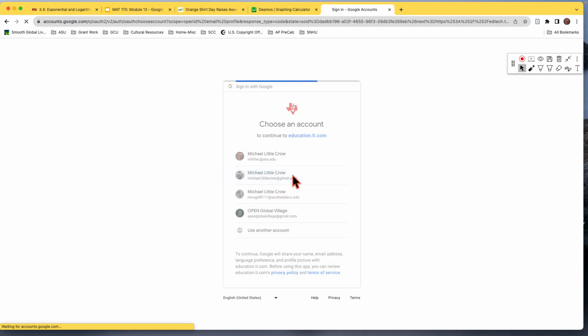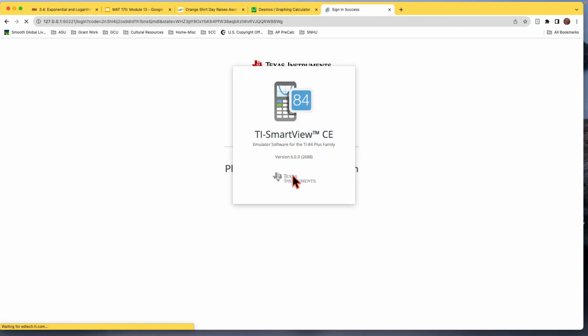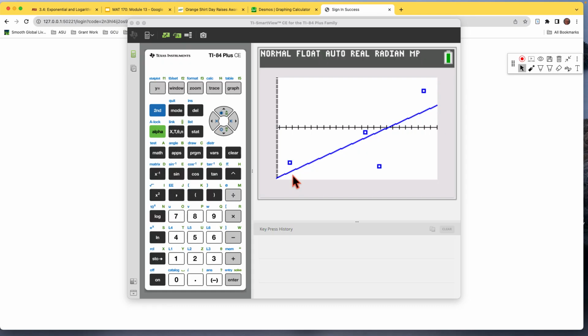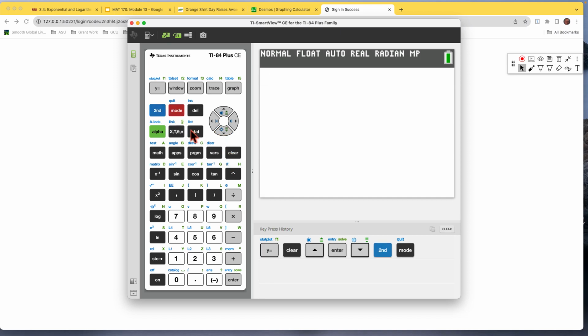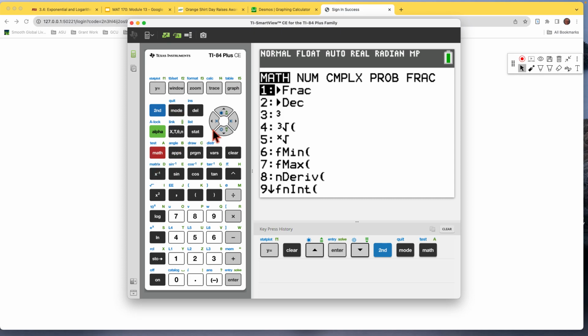Let's see this one. Turn my plot off. What did we have? Oh, we want to go just to the screen here. We go to math and we arrow down till we get log base.